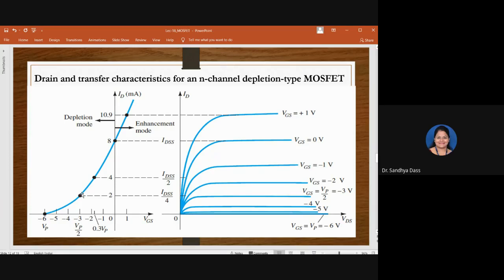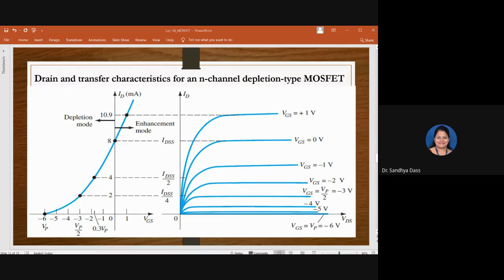What is the controlling parameter? VGS, exactly correct. VGS is your input. So when you plot transfer characteristics, is it input versus output, or output versus input? Which is correct? Which is depending on which? How do you say that?